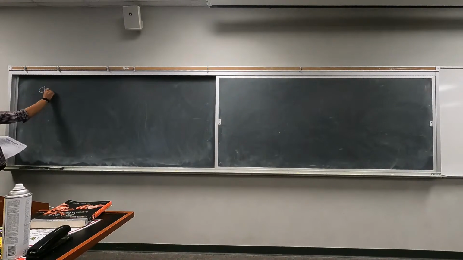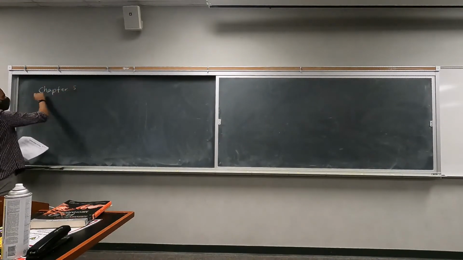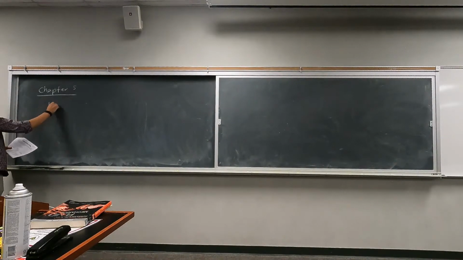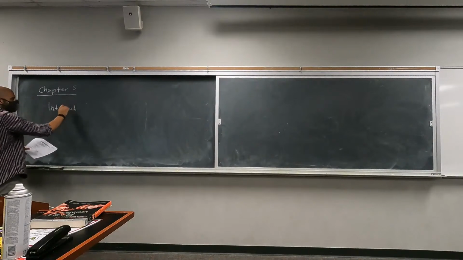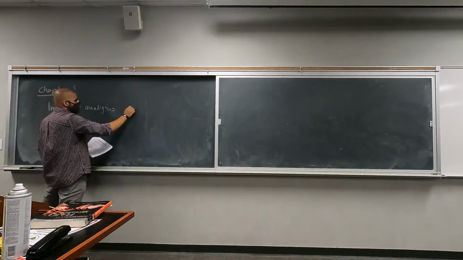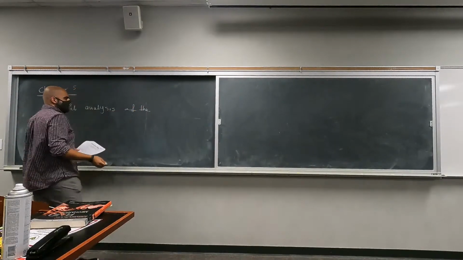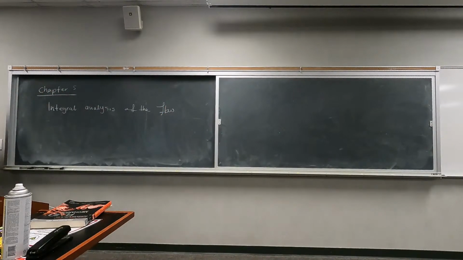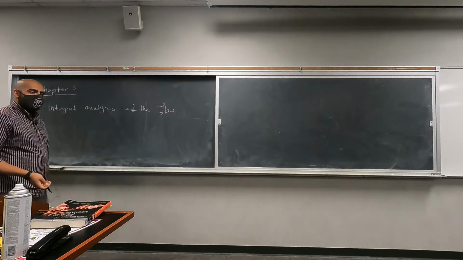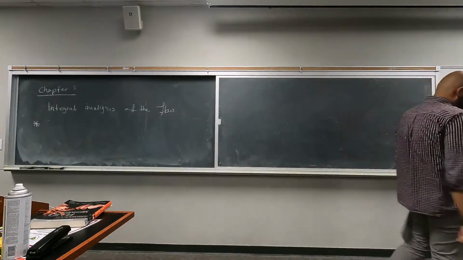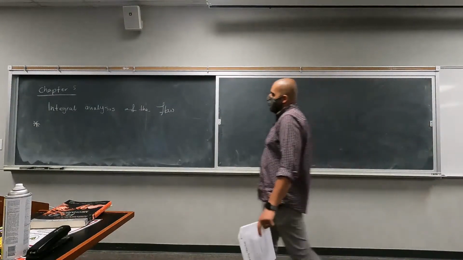So we are going to start chapter 5 today. Chapter 5 is essentially the integral analysis of the flow. I think that's not the title that your book uses, but that's effectively what we are going to do. So we are going to use the Reynolds transport theorem that we learned about the other day, and find the governing equations of the fluid flow.